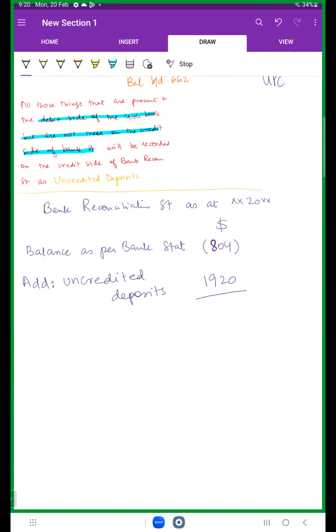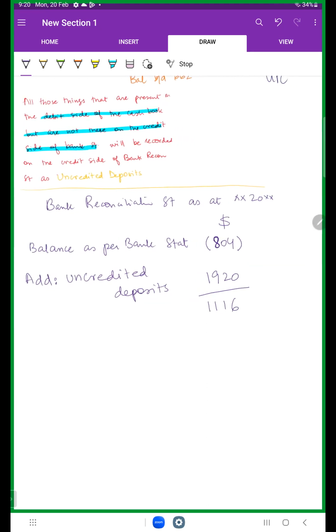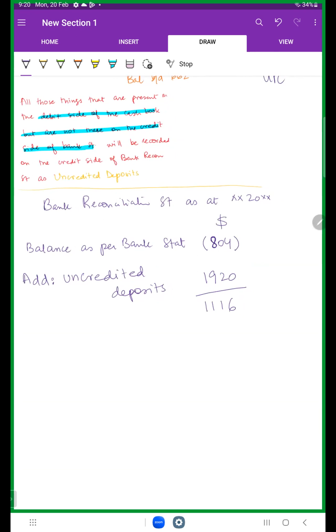What is the amount that I'm getting? 804 minus 920. Are you able to calculate the value? I'll use the calculator. 1116, right? Yes.